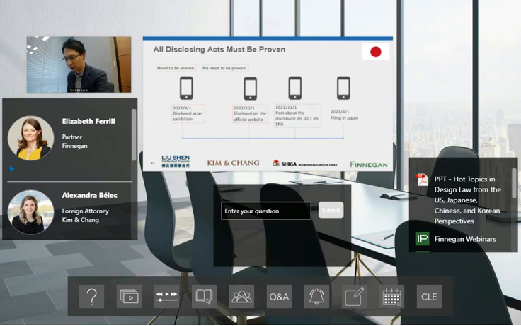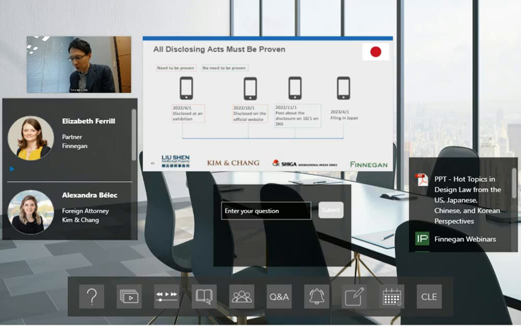And in this case, in principle, all three disclosing acts must be proven. However, the post about disclosure on SNS is based on the disclosure on the official website. In Japan, a disclosing act that is based on a prior disclosing act does not need to be proven.